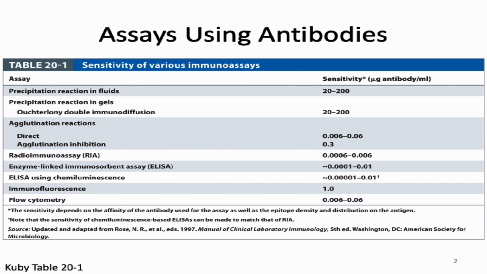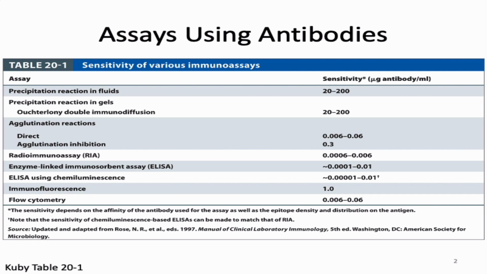One of the places where they vary is in their sensitivity, which means how much antibody or antigen can be detected. Do you need to have micrograms of antibody? Do you need to have nanograms of antibody? Do you need to have picograms of an antibody? Same ranges for antigen. So there's a big range with these assays in terms of how much antigen or antibody you need to get the tests to work.